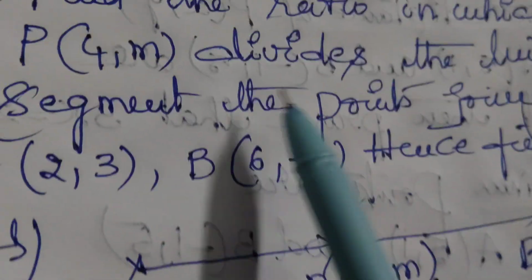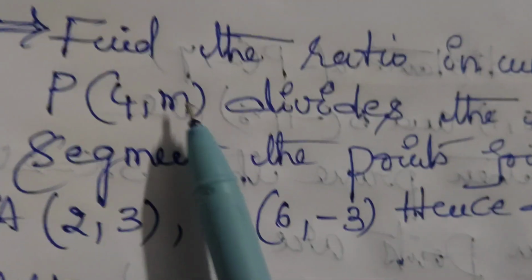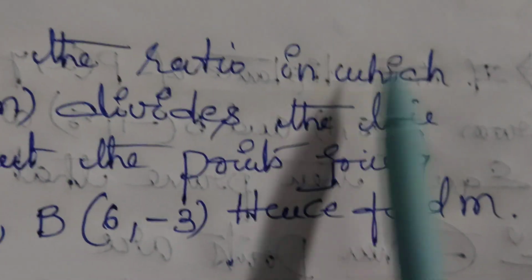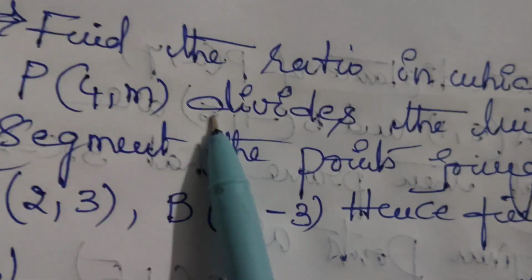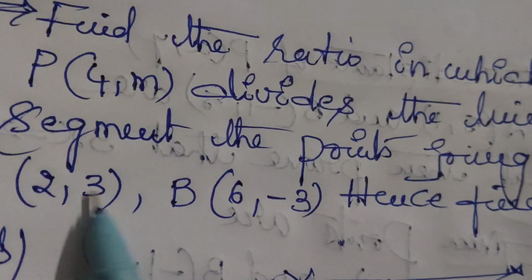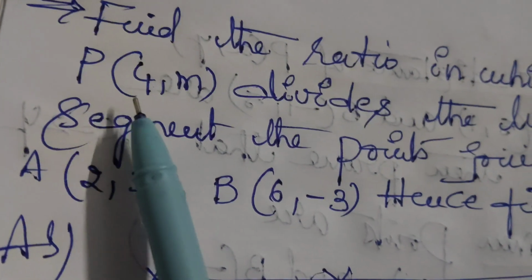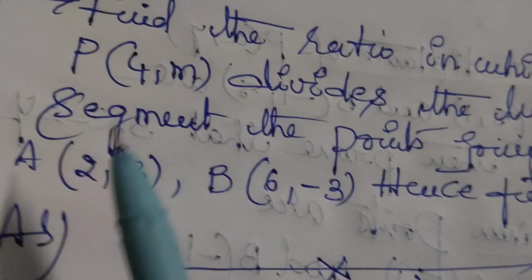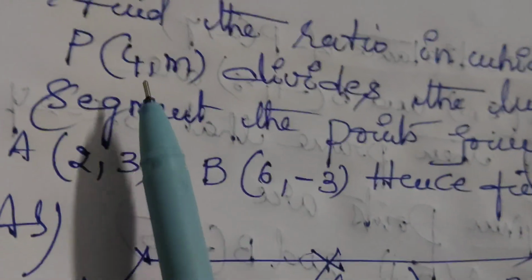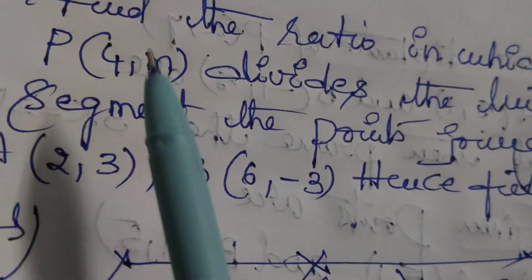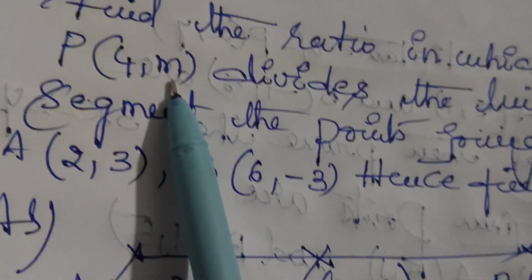In our problem, the point which divides line segment AB is P(4, m), already given, and we had to find the value of m.